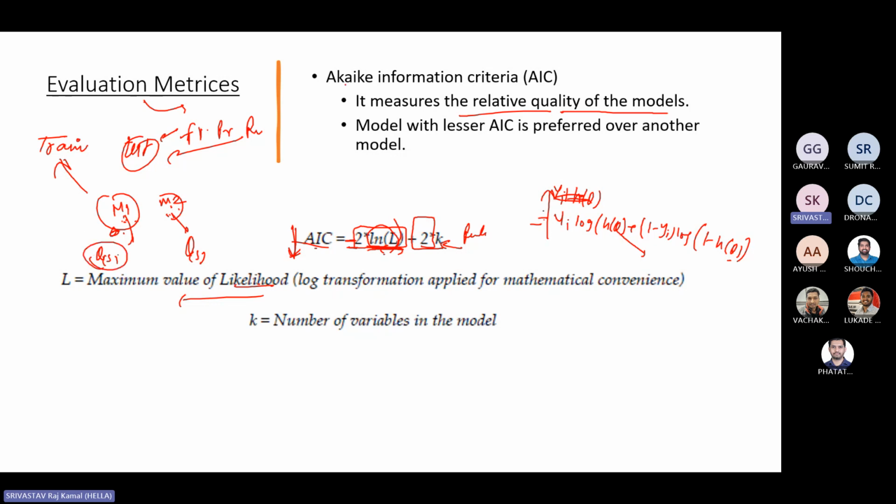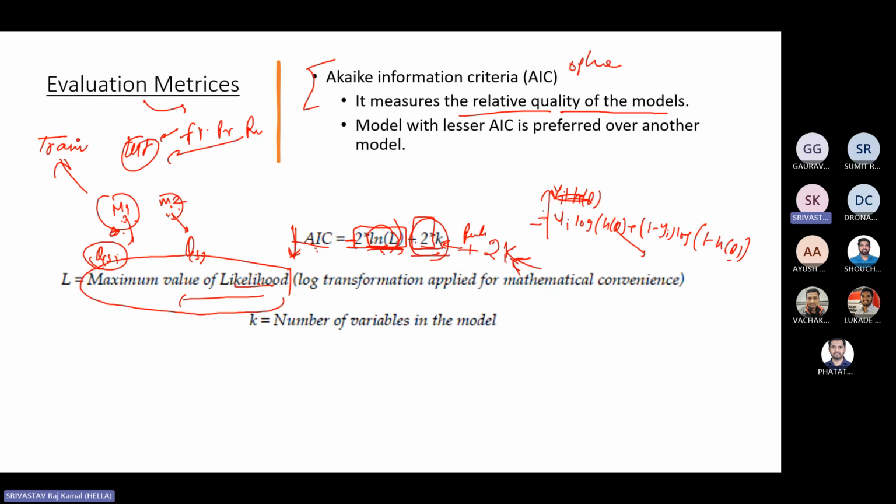This is optional, but good to have. This is the whole premise of logistic regression: we want to maximize the likelihood. AIC is just the negative of that. That is it. Plus 2k is the penalty for the number of variables. With more variables, AIC should take control of that, because we do not want unnecessary additions to a model.